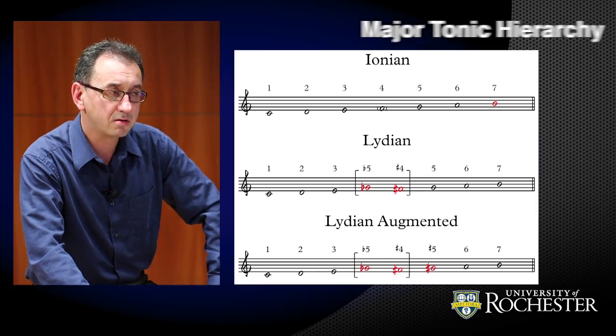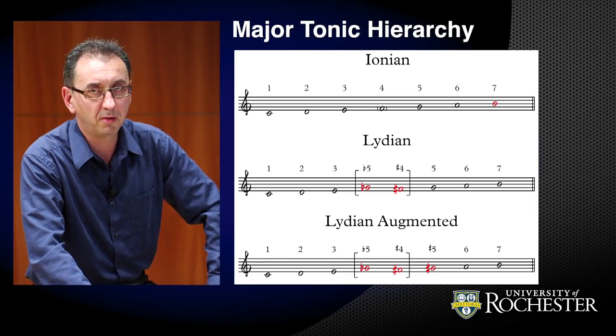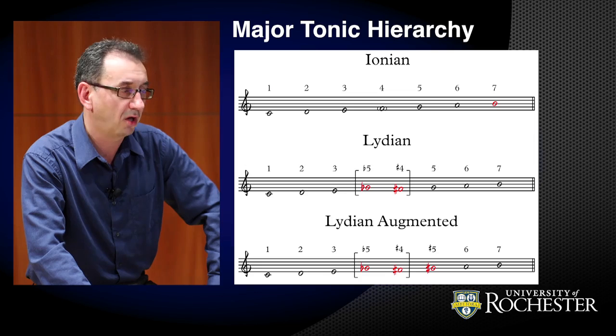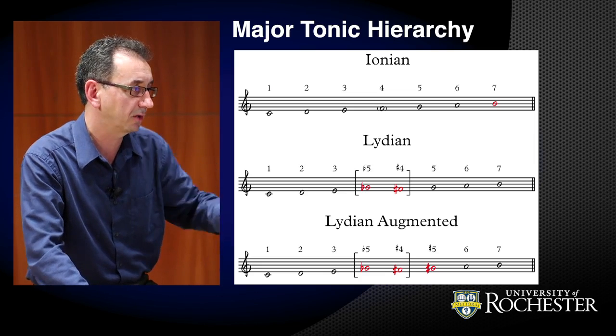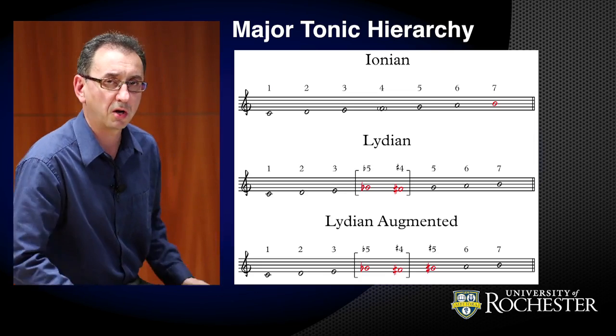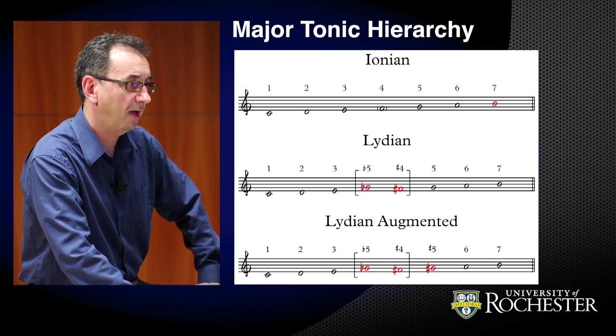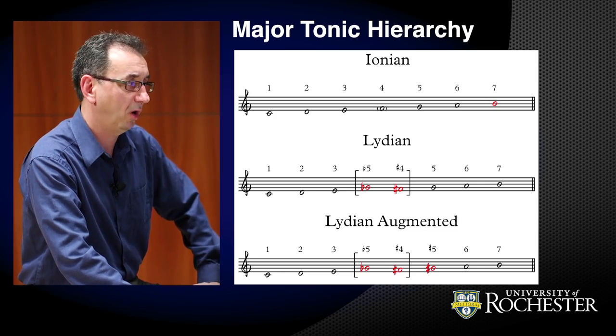On the screen, you can see the 3 modes from the major tonic family with a detailed analysis of their pitch structure. These modes are organized hierarchically, starting with the most diatonic and ending with the most chromatic one.